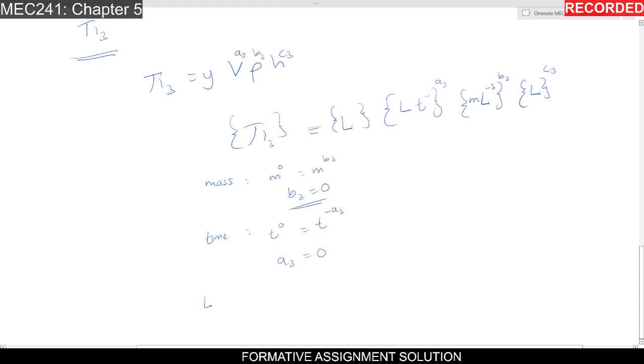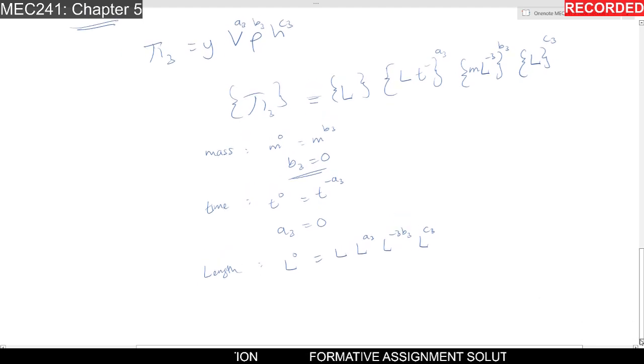Okay, finally our length. L0 equal to, right now we have 1 here in the variable y, and L A3, and here is L minus 3B3, and finally L C3.